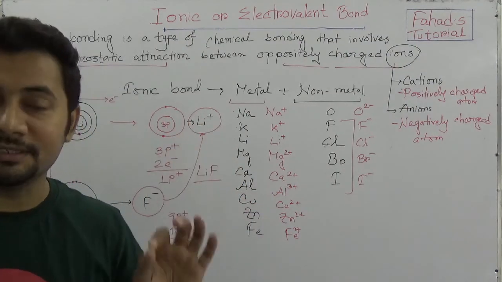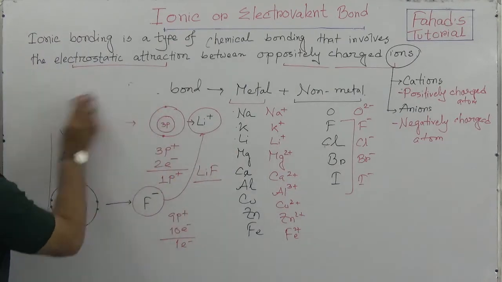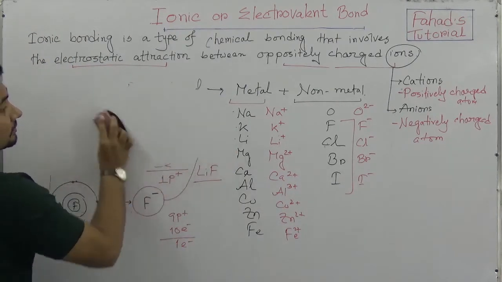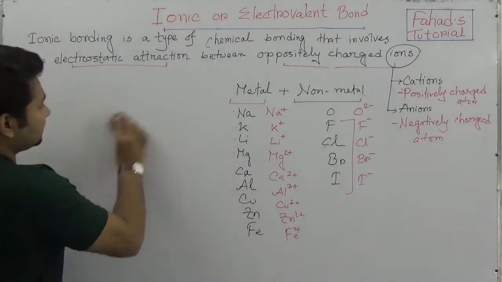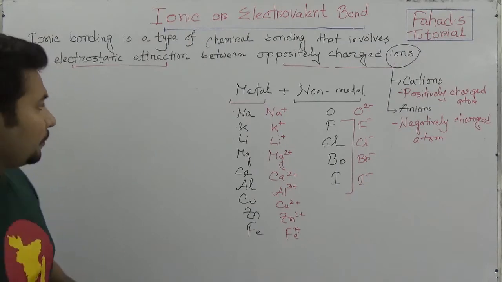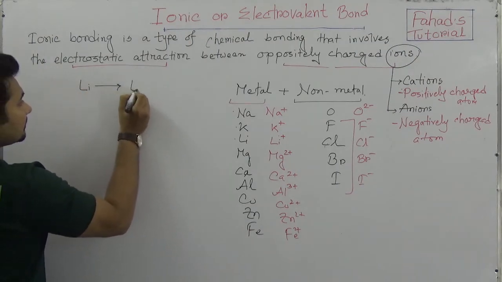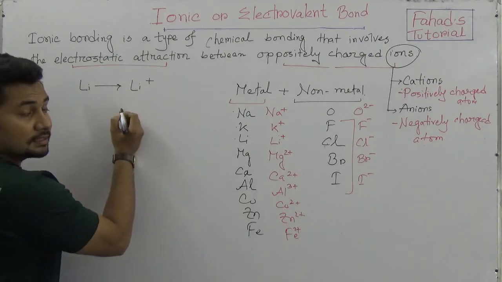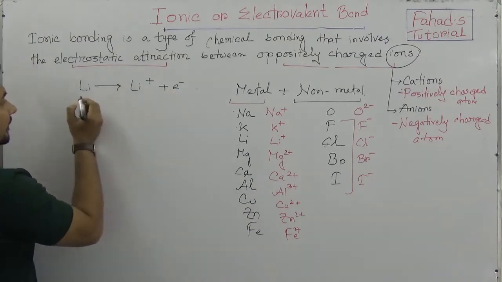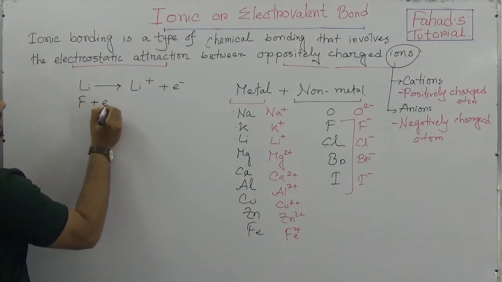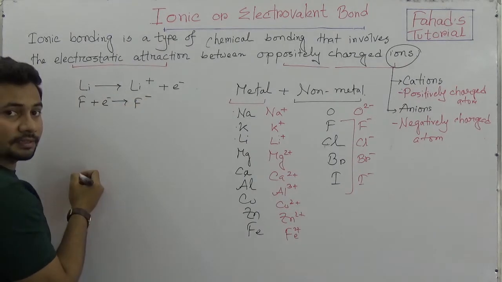Okay, whether it is magnesium oxide or lithium fluoride, we usually express this like this. We can say that lithium becomes lithium plus after donating 1 electron, and fluorine accepts that electron and becomes fluorine negative.